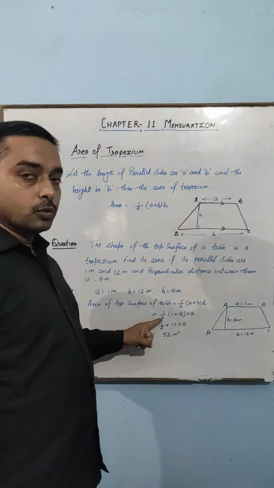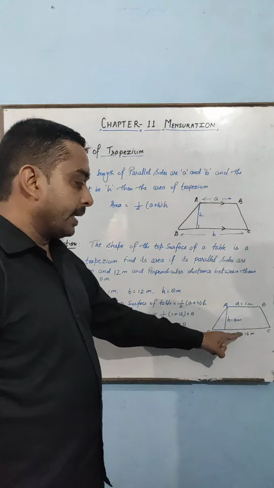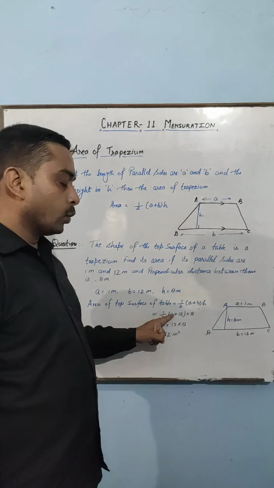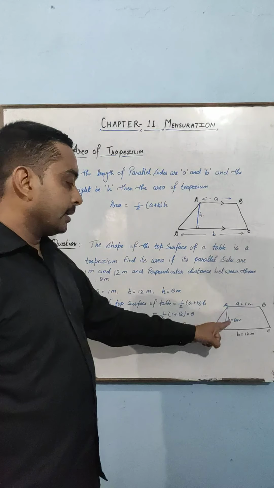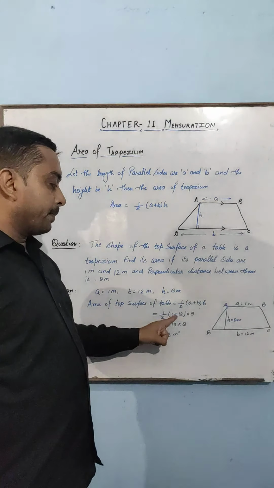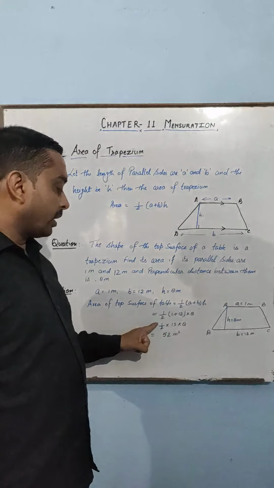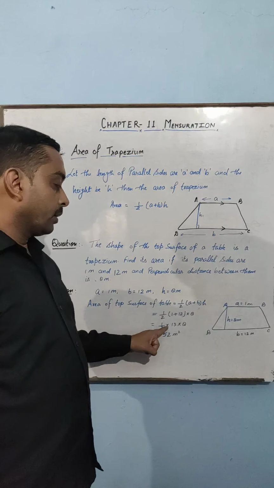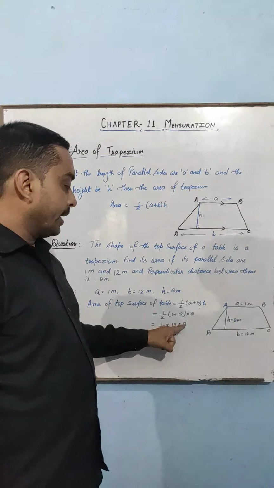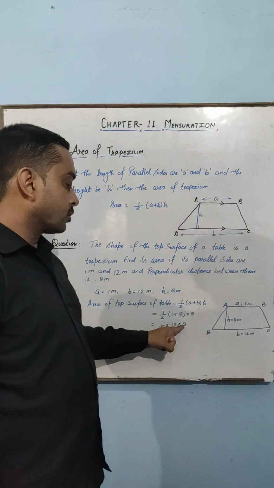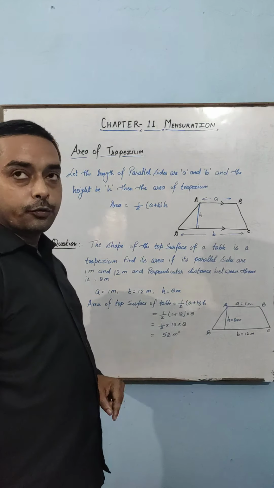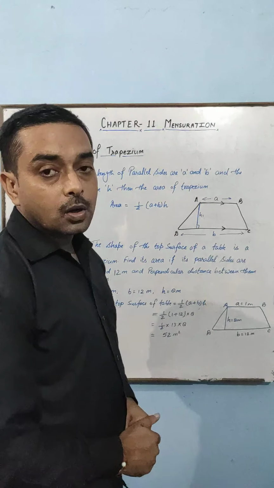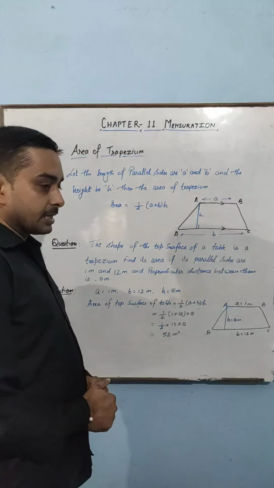So 1 by 2, parallel sides are 1 and 12, so we add 1 plus 12, into the height 8. 1 plus 12 is 13, 1 by 2 into 13 into 8. Now 2 will be cancelled with 8: 2 ones are 2 and 2 fours are 8. Now 13 into 4 equals 52 square meters. So that is the area of the trapezium.